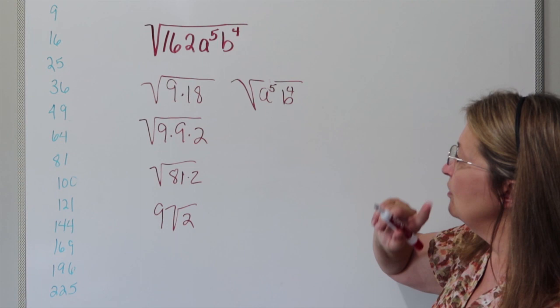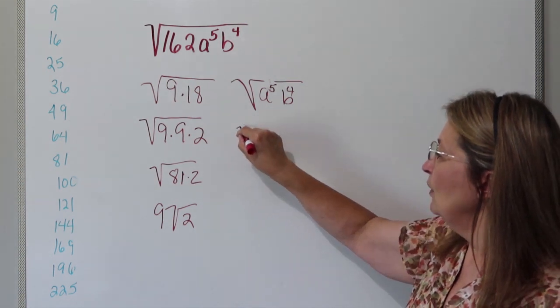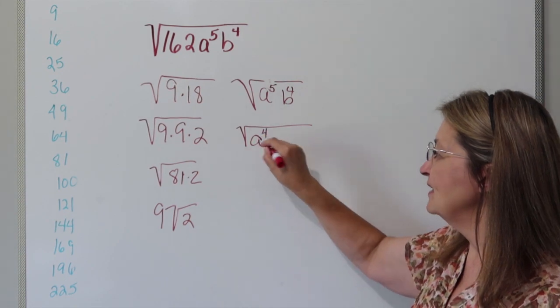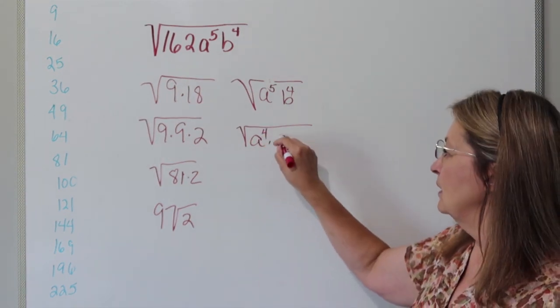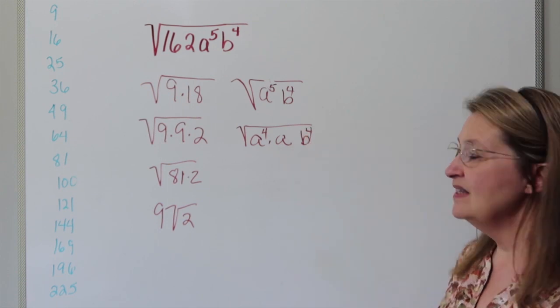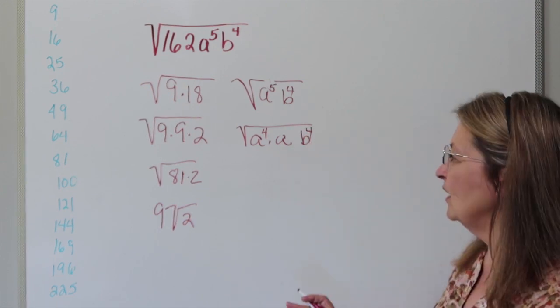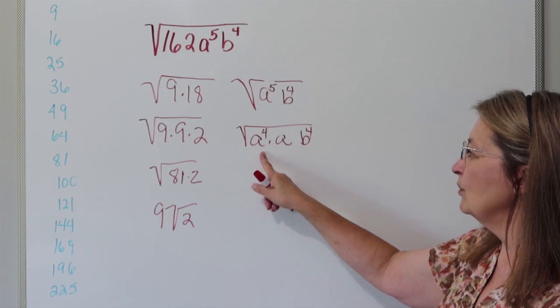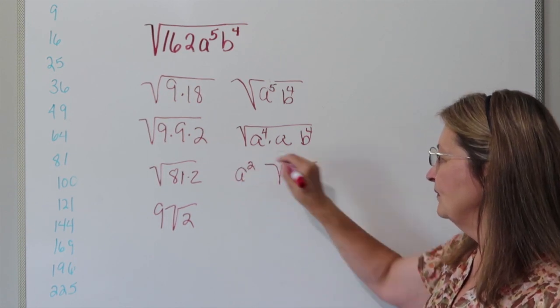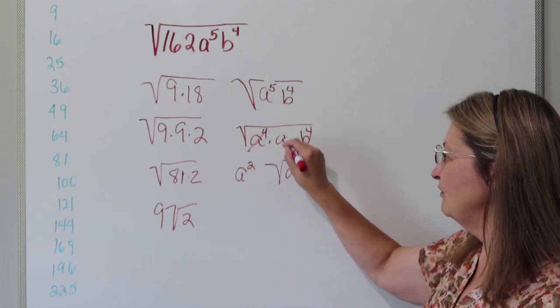So what's the square root of a to the 5th? Well, that's where you have to back it up 1. So I'm going to rewrite that as a to the 4th times a. Now b to the 4th, that's an even exponent, so I'm good there. I'm going to leave it like it is. What is the square root of a to the 4th? a to the 2nd. I have the a left under here.